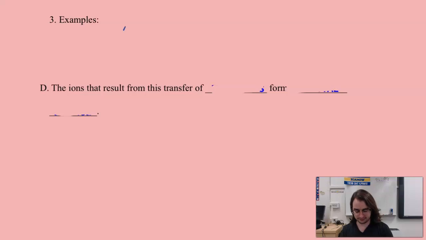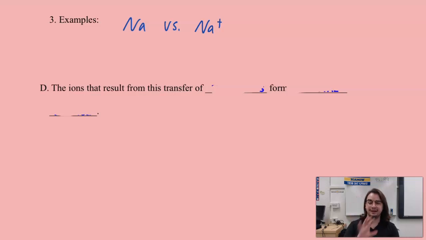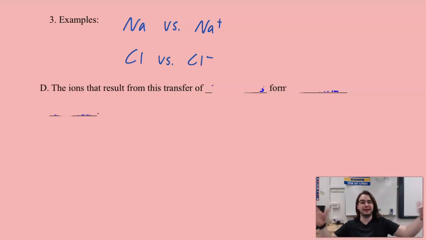For example, if I was trying to compare the size between sodium and sodium ion: sodium ion loses that electron, and it takes away an entire orbital layer, an entire energy level, so it gets much smaller. Whereas with chlorine and Cl minus, chloride, the chloride is much larger than chlorine because it gains an electron, which expands that outside orbital. These are the things that we were talking about in our previous chapter.